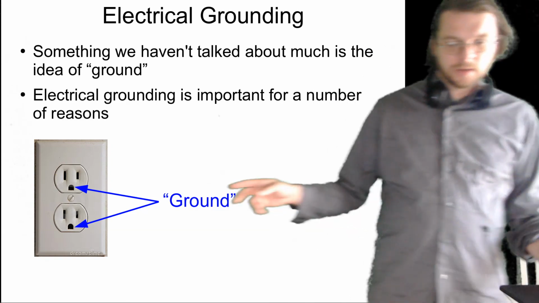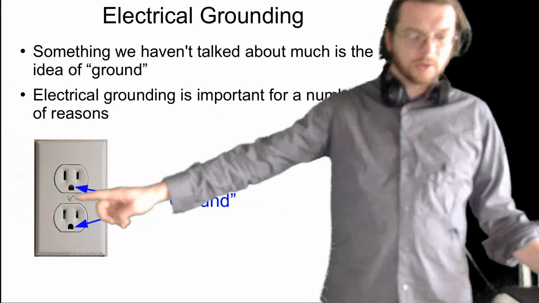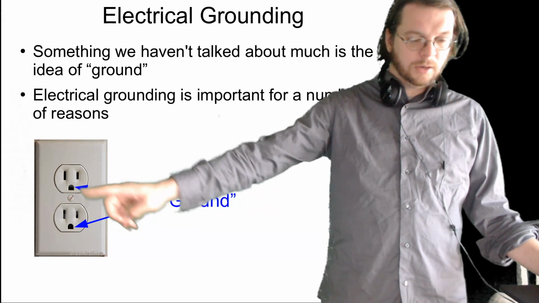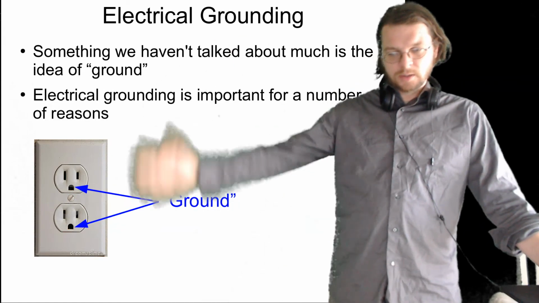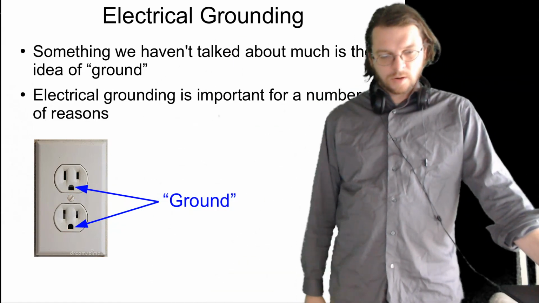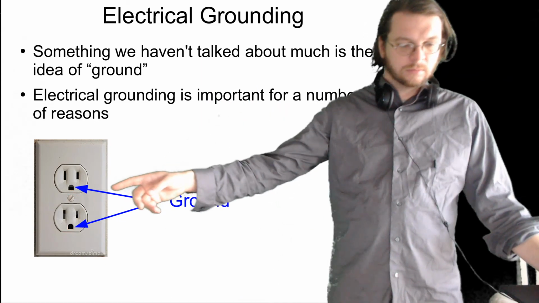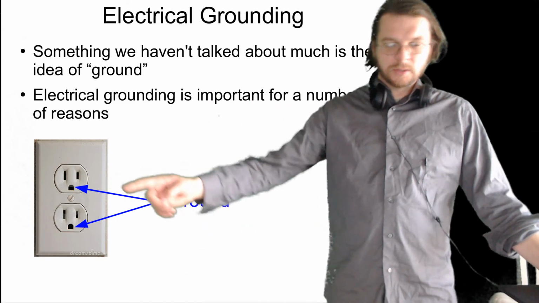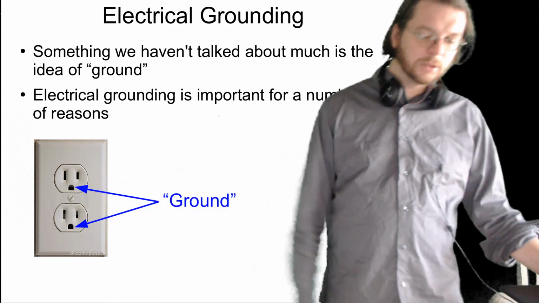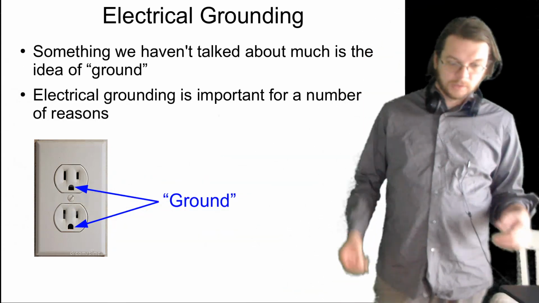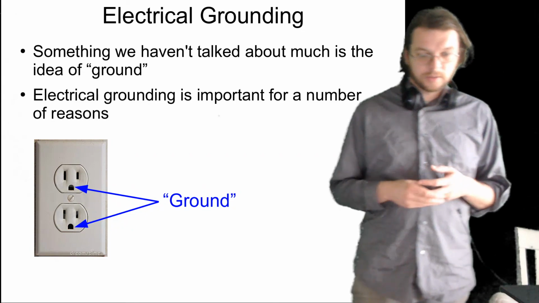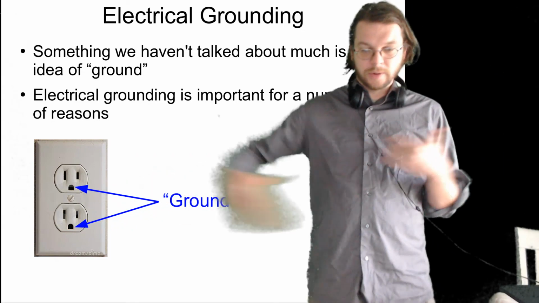And the idea of it is that if you dump a little bit of charge on this here, because it is a conductor, those charges can move very far away. The reason we say it's 0 volts is because as soon as you put a charge on that, it's free to move inside of that conductor, and if there is any kind of electric field, it's going to move away from it, right?